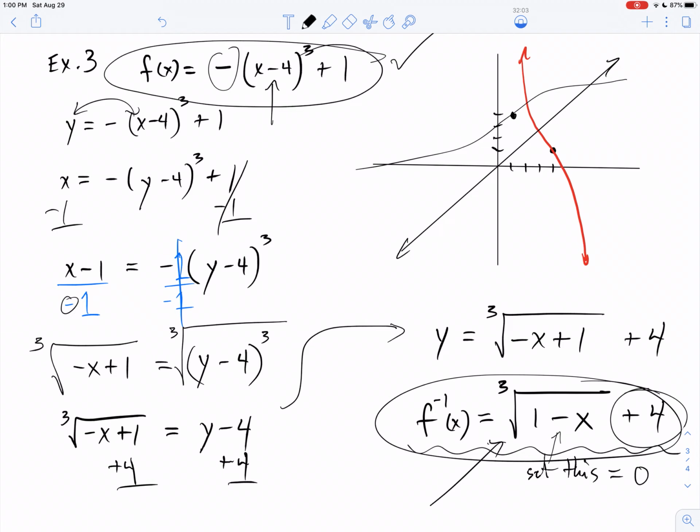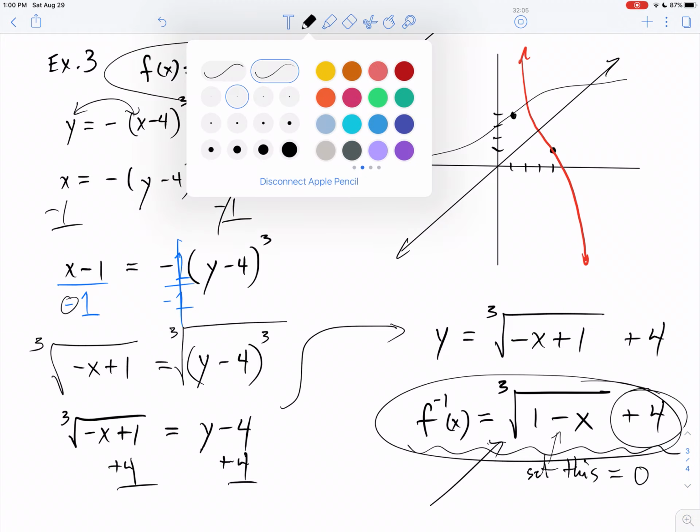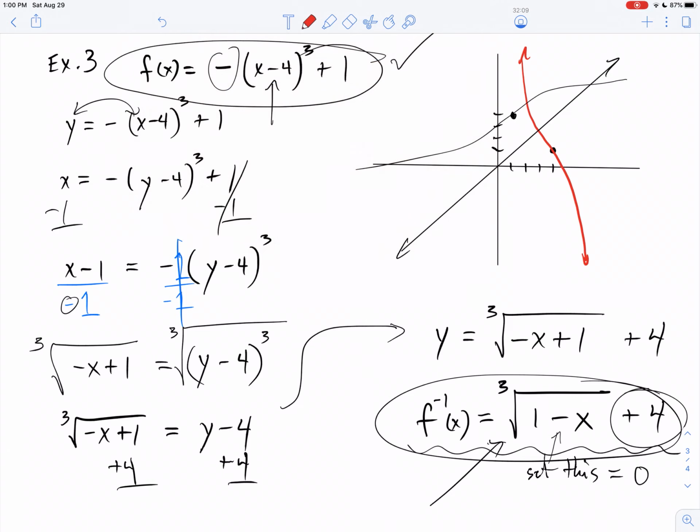So I'm going to go grab my red pen again. Really? Come on, iPad. And what's going to be on the right-hand side will now be on the left-hand side. What's on the left-hand side will now be on the right-hand side. I'm going to get rid of this black guide graph that I drew.